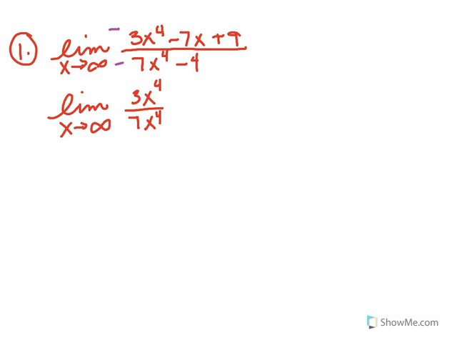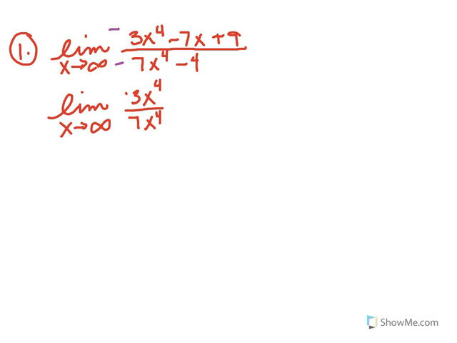The reason is that when I'm raising some number, x, to a fourth power, the rest of that 7x plus 9 hardly has any effect on the gravity of this in any way. So if I know what's happening with this part of that fraction, that's going to tell me everything I need to know.